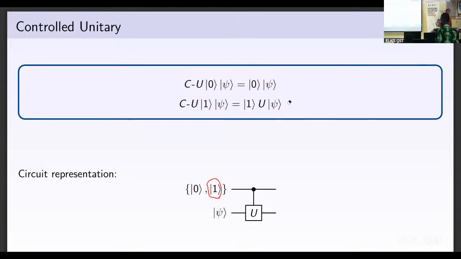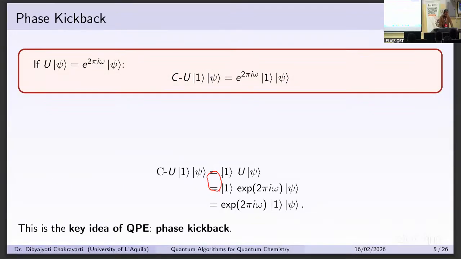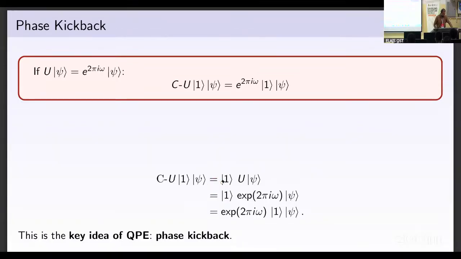So what this essentially means here is, in our case, the equation we have already defined is the action of U on the eigenstate psi, which is exponential of 2 pi i omega.